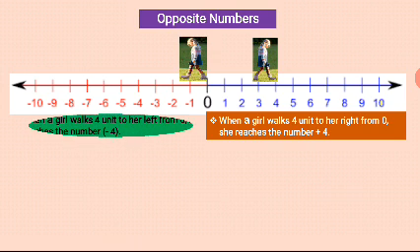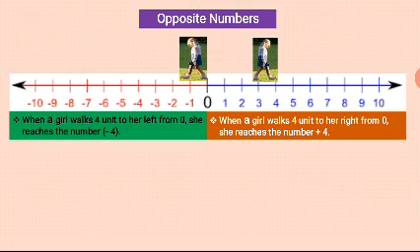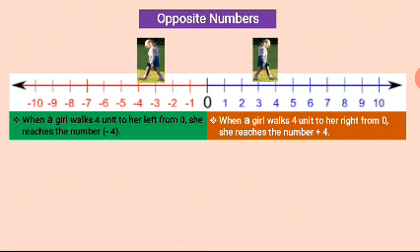When the second girl walks 4 units to her left from 0, she reaches the number negative 4. Observe carefully. At first these two girls stand on 0, but one girl's direction is right side and the second girl's direction is left side.